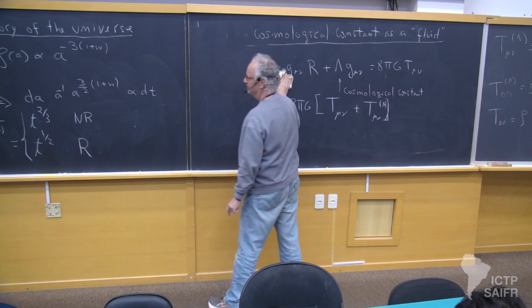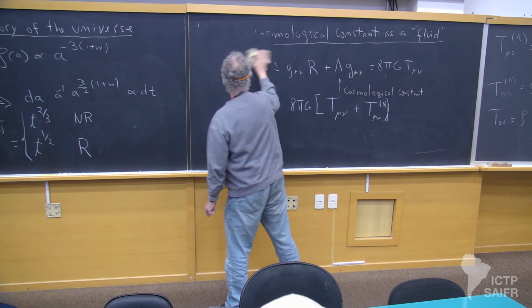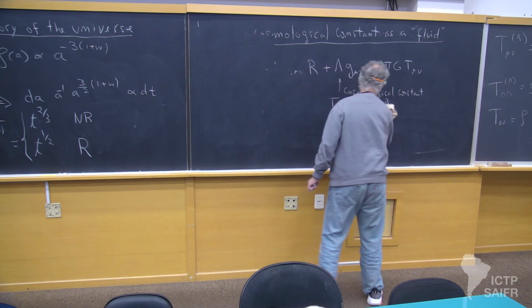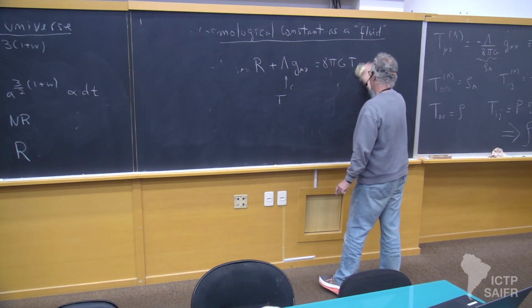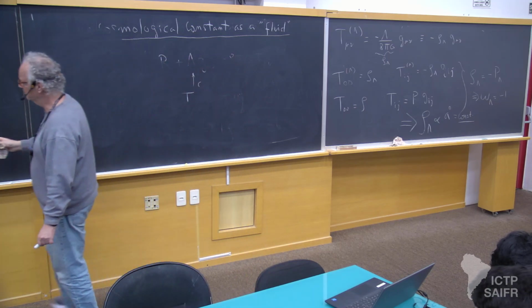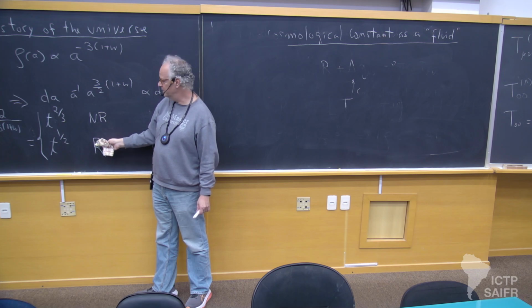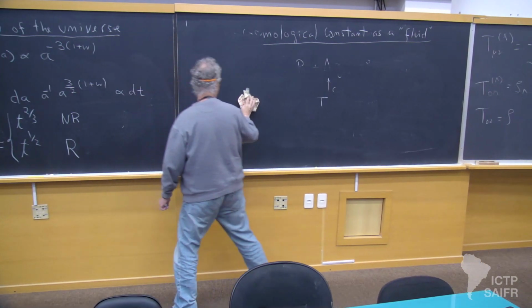There's only one problem in this derivation. Not one problem. There's no problem. So let's see now what happens. This is when the universe is dominated by a non-relativistic fluid. This is when the universe is dominated by a relativistic fluid.